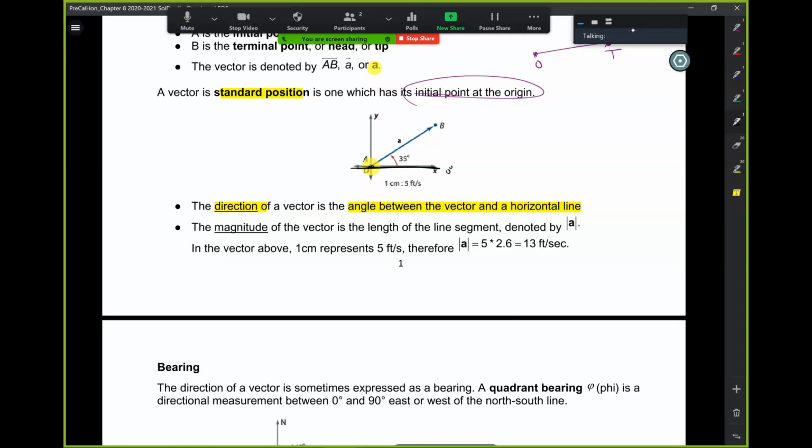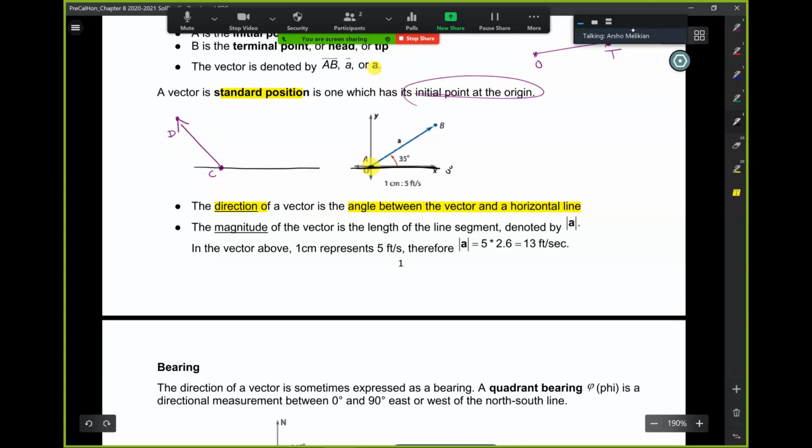Okay? Let's do another example. Suppose I have a vector that points this way. I'll call it CD. Draw a horizontal line at the initial point.